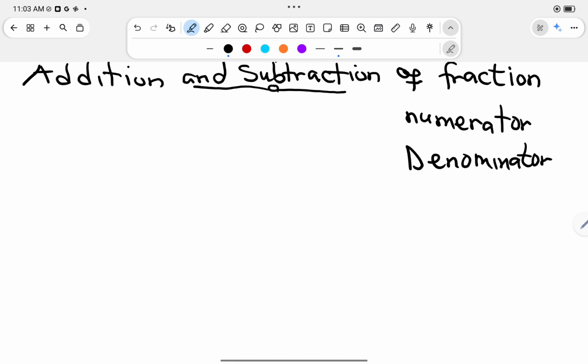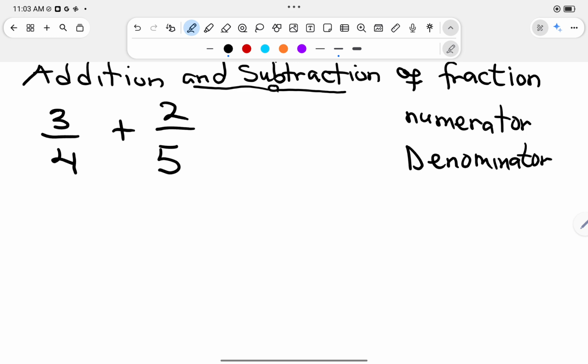Now, this is the question we are going to use to learn how to add or subtract two fractions with different denominators. As you can see, the denominator of the first fraction is 4, and the denominator of the second fraction is 5.